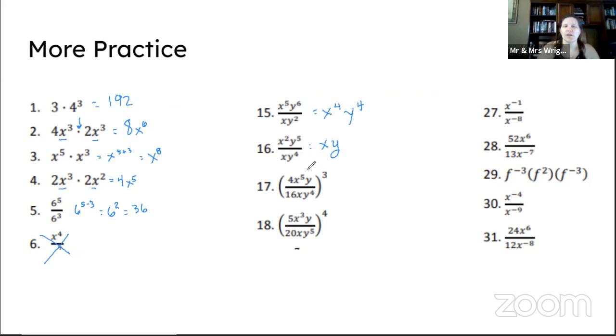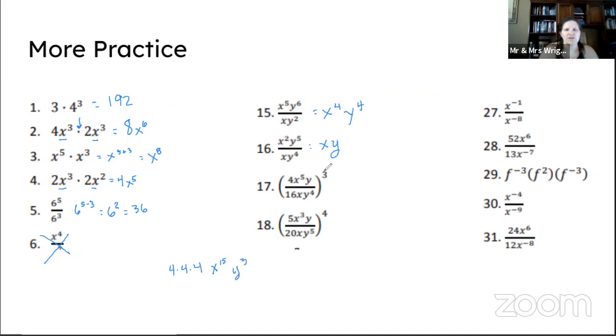Ooh, now this one, we're combining some division and some product powers here. So let's look at these. We're going to have 4 to the power of 3. I want to write this out. Okay, 4 to the power of 3. x to the power of, let's just do 5 times 3 because I can't write all that out, x to the power of 15, and y to the power of 3.